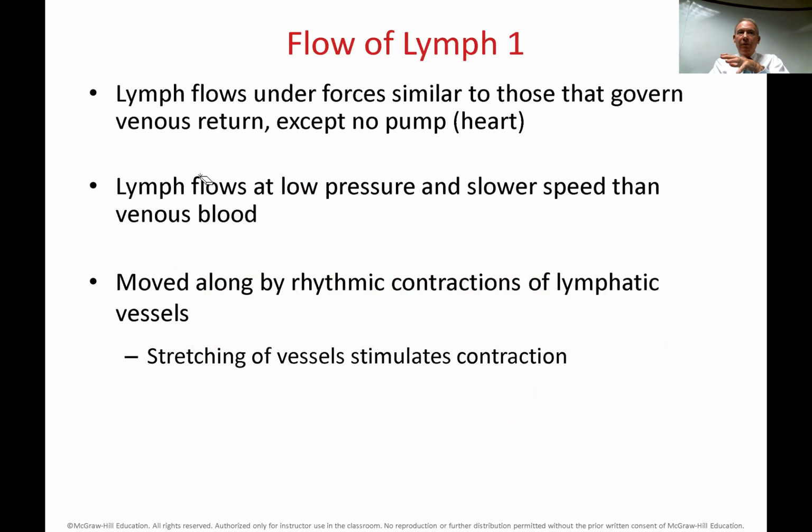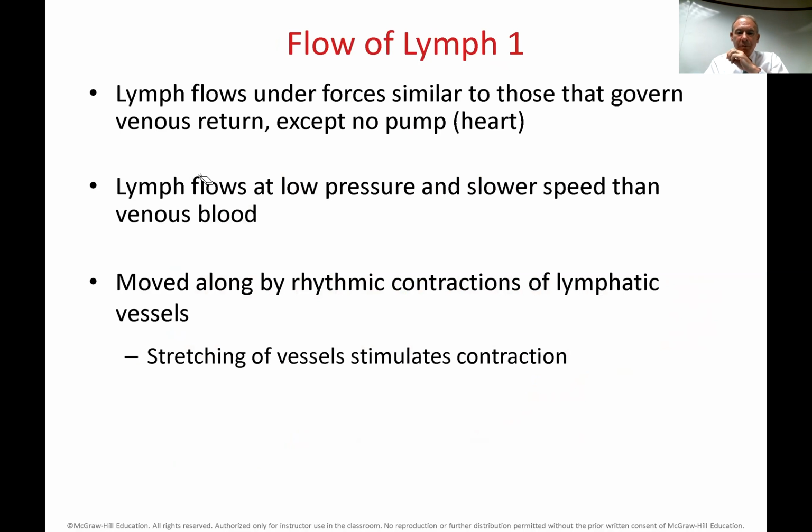The way lymph makes its way up to the thorax is the same way that blood makes its way up to the thorax from the veins. One difference is there's a pump pushing things along in the circulatory system. There's no pump in the lymphatic system.